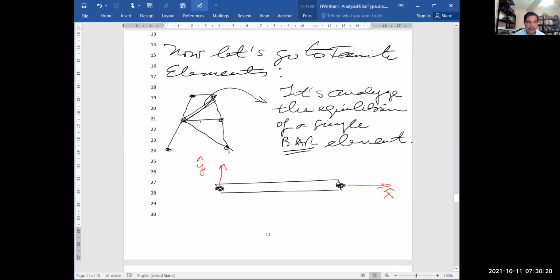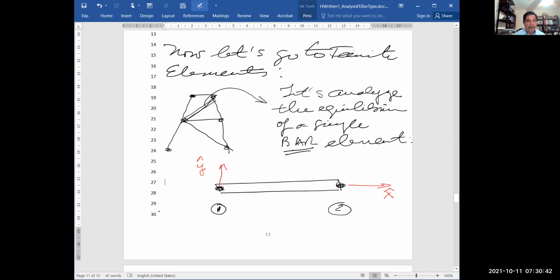We're going to take this element and consider it as one piece. This element is going to be defined by joint 1 and joint 2.